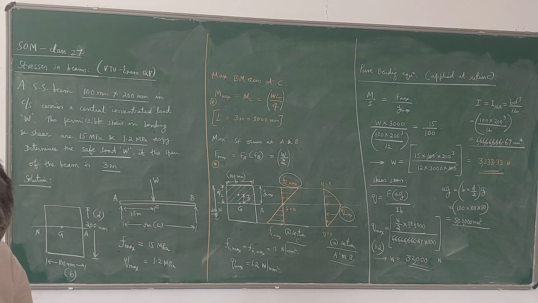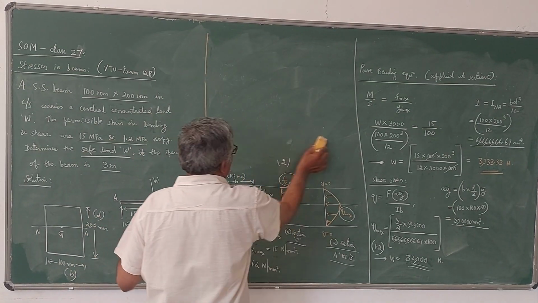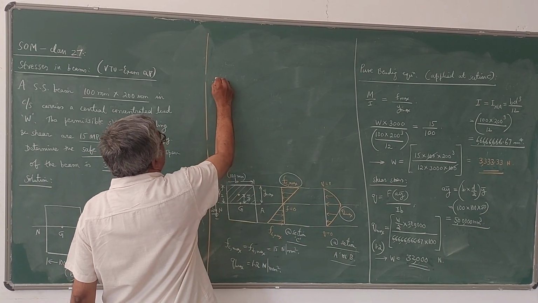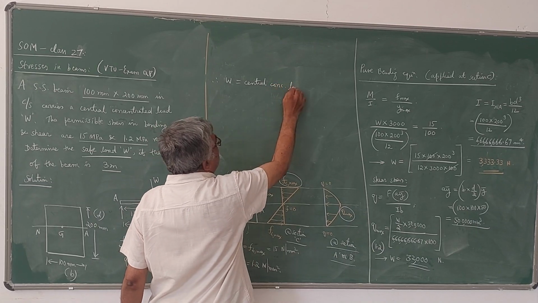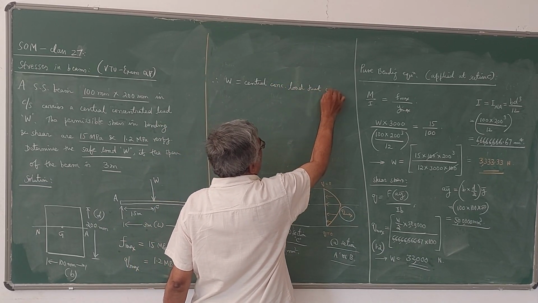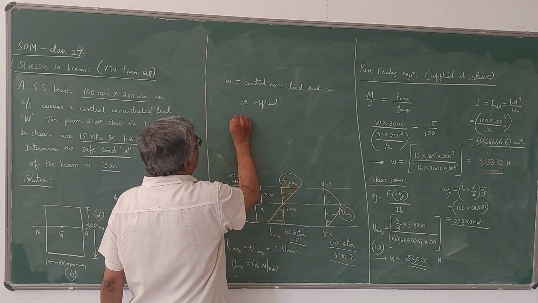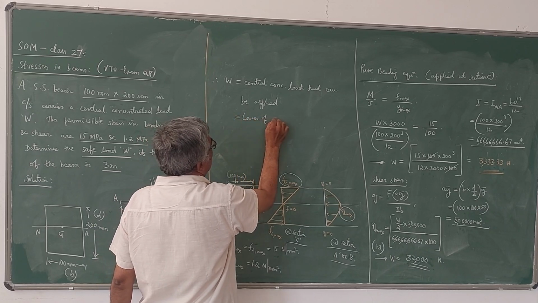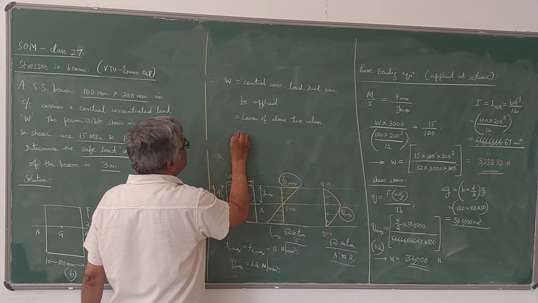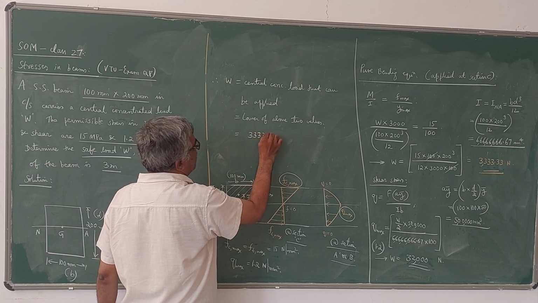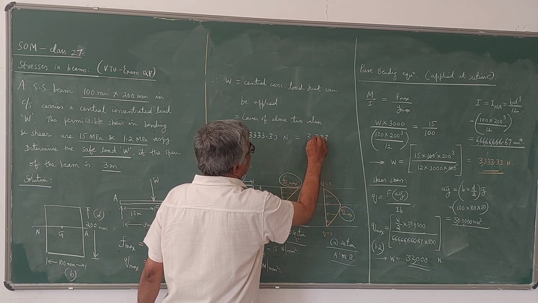So what I will write here is, therefore, W, the central concentrated load that can be applied is equal to the lower of the above two values, which is 3333.33 Newton or 3.333 kilonewton.